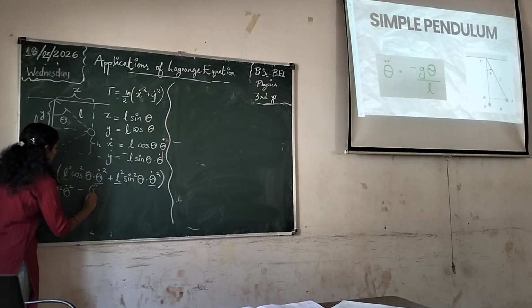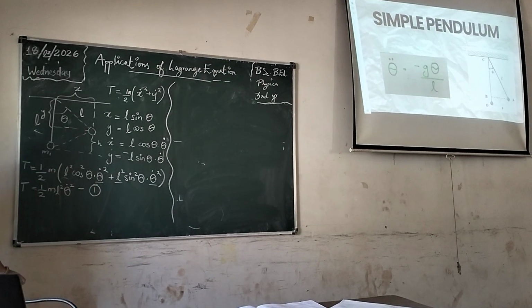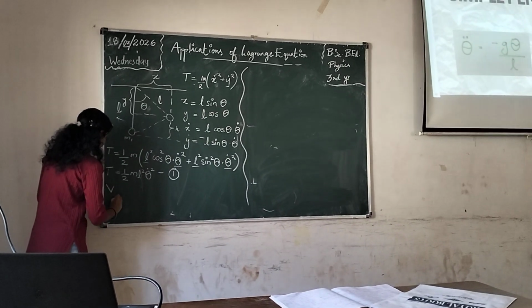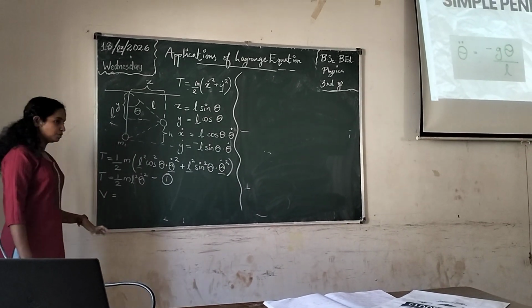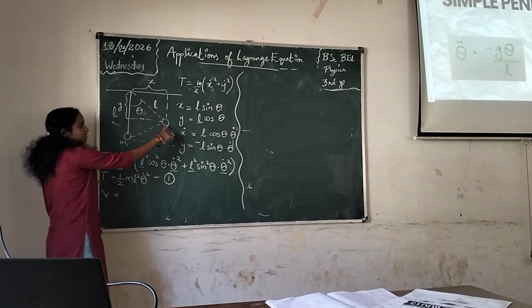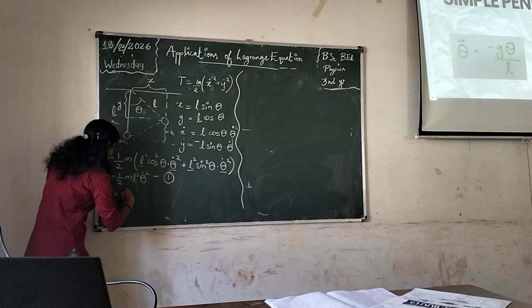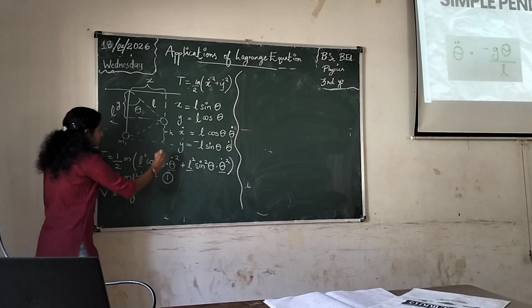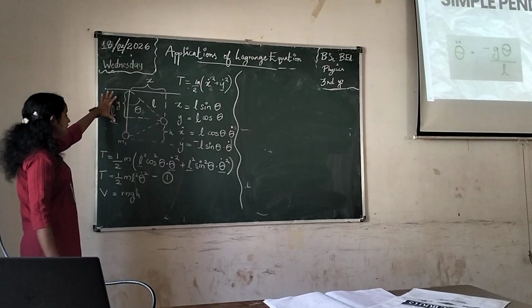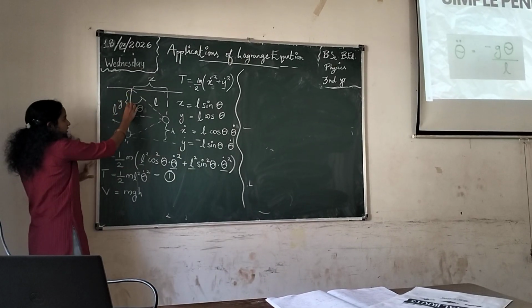Then next we have to find potential energy, that is V. V is equal to mg into height. So our equilibrium point is here. So this is our height we are considering. So h from this we can find as L. This is the total length. Total length minus y will be our h.